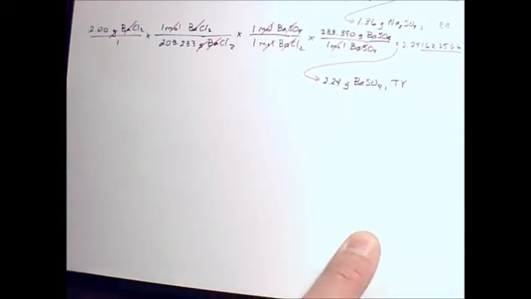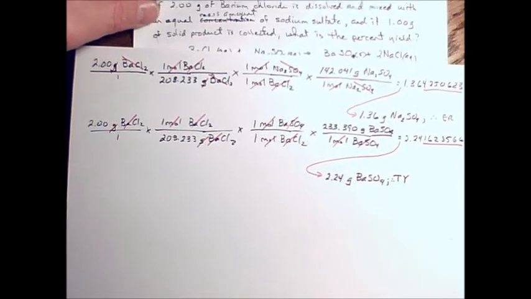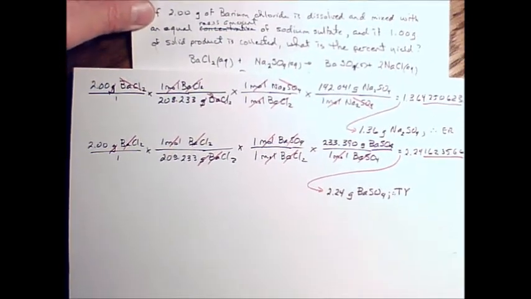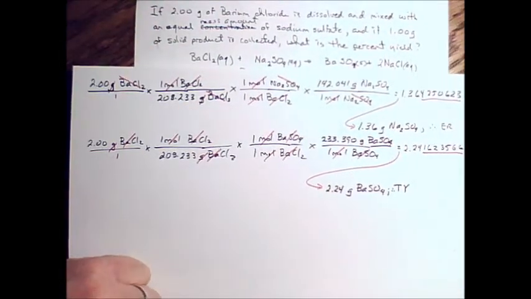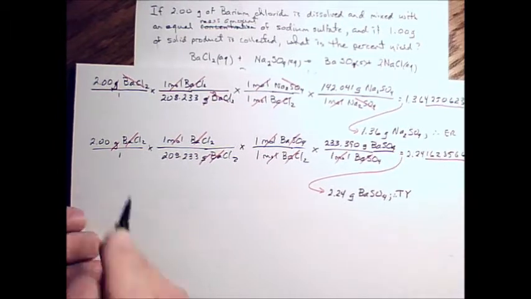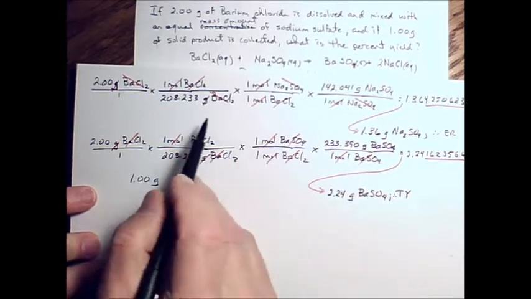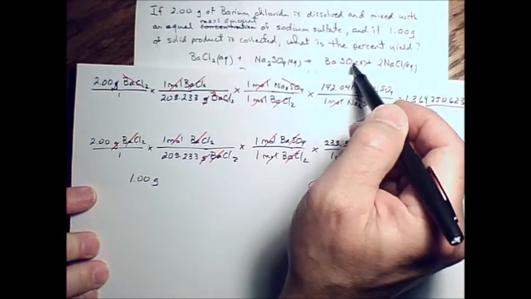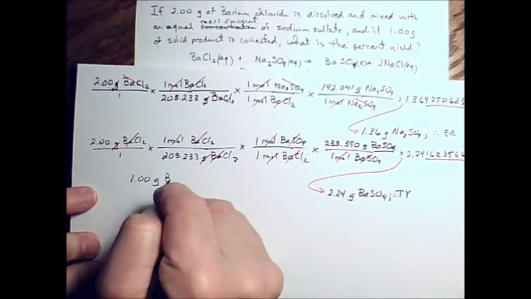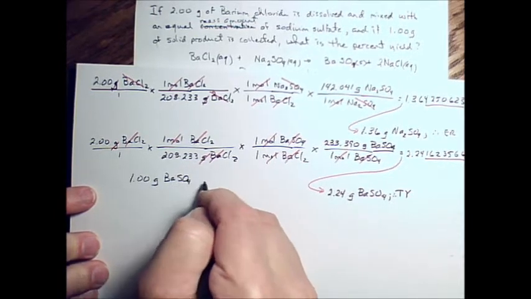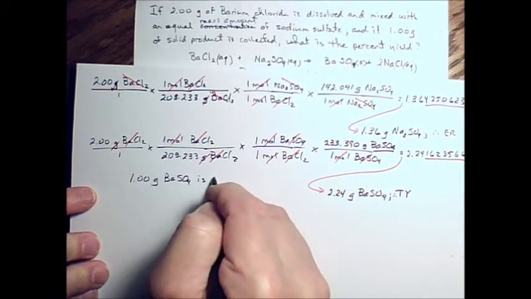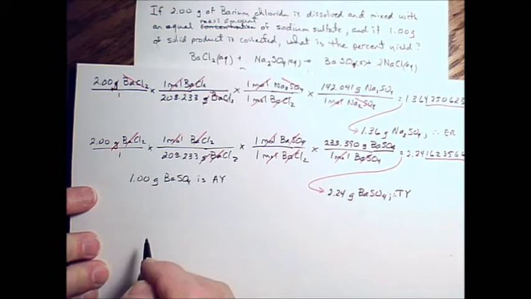All right, so the problem is asking if 1 gram of solid product is collected, what's the percent yield? So 1 gram of the solid product, and the solid product we figured out up here when we did the balanced equation is barium sulfate, is the actual yield. Okay?